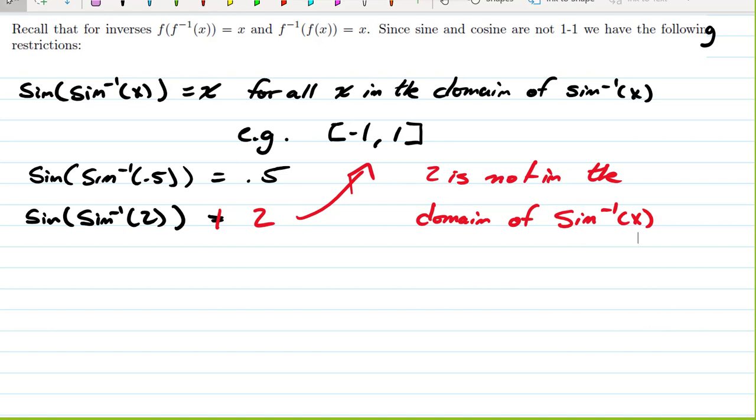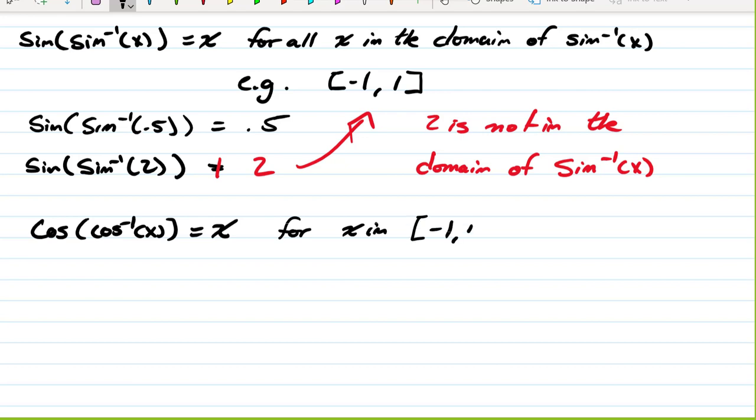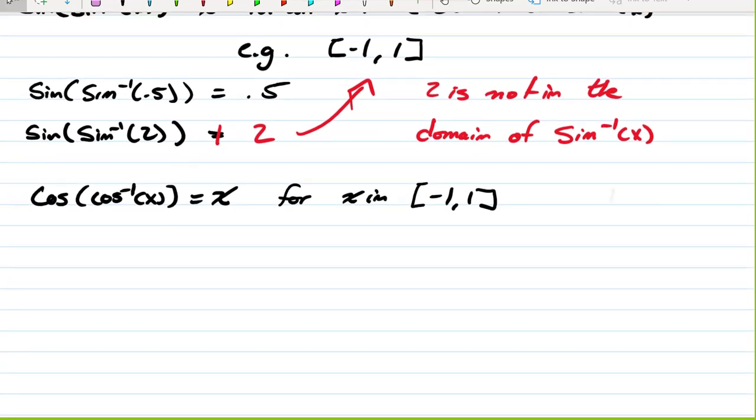So we have something similar for cosine. For cosine, we have that the cosine of the cosine inverse of x is equal to x for x in -1 to 1, so the same thing.